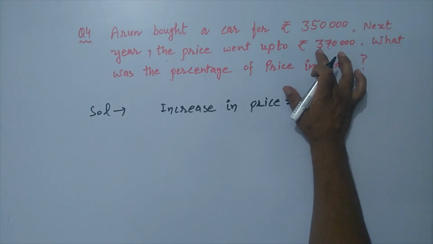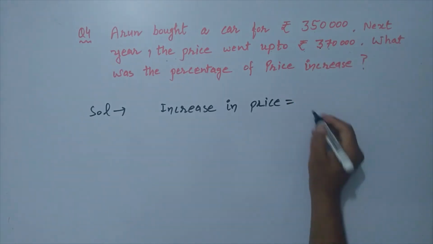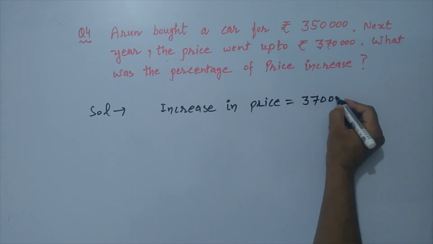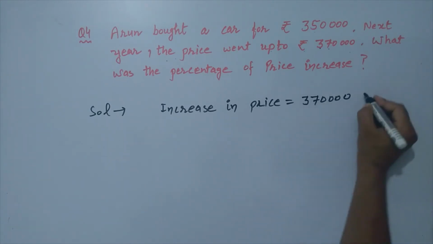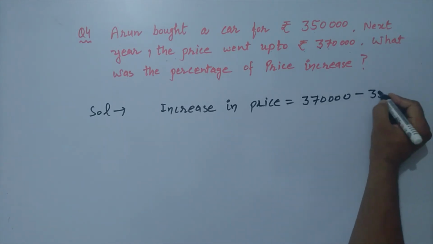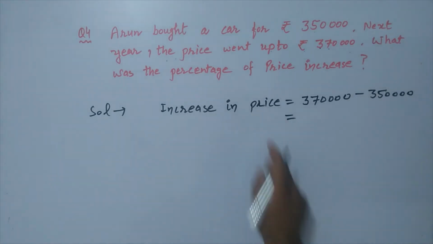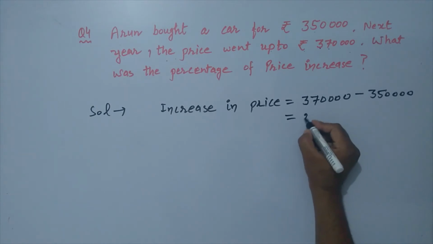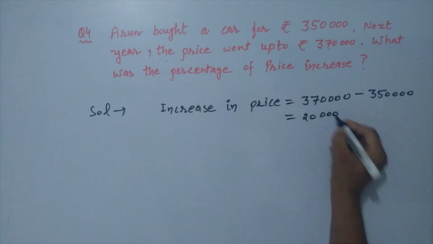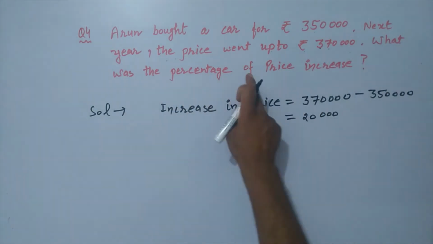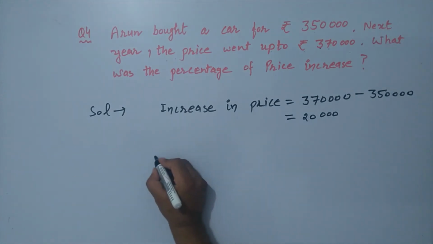Lastly next year this was 3,70,000. So we subtract this way, 3,70,000 minus 3,50,000. What is the increase in price? 20,000 is the increase in price. Now what is the question? What was the percentage of price increase?